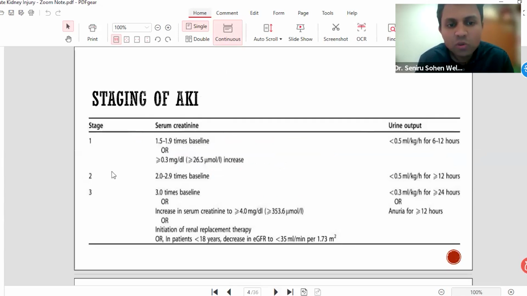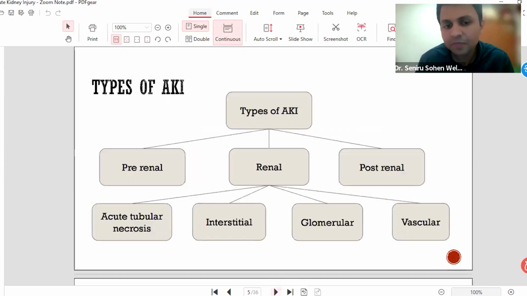Then we have the stage 2 criteria with more than 2 times the baseline, or less than 0.5 milliliters per kilogram per hour for more than 12 hours. And here we have stage 3, more than 3 times the baseline, or increase in creatinine to more than 4, or when you have anuria for more than 12 hours. So whichever is the highest feature that you have, you classify the patient in that category. Again, this will have limitations.